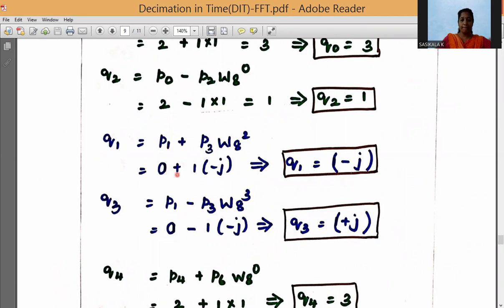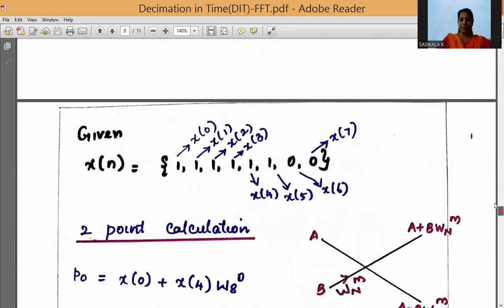P1's value is 0 plus 1 into your twiddle factor W8 power 2's value, which is minus J. See, listen, 1 into J is J. So first, plus into minus is minus. 1 into J is J. So I'm getting Q1 as minus J. And Q3 is equal to 0 minus 1 into minus J. So minus into minus, I'm getting plus 1 into J is J. So Q1's value is minus J and Q3's value is plus J. So substitute in the butterfly diagram.